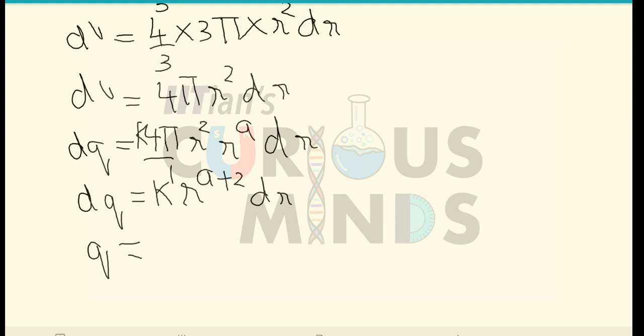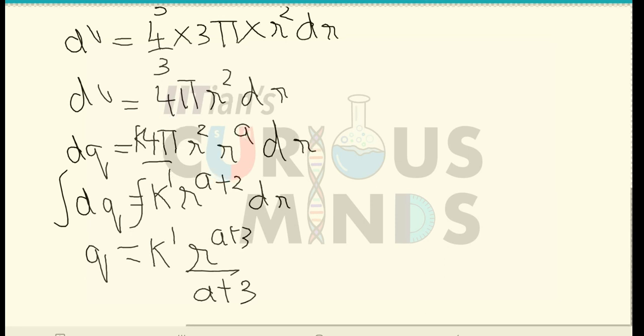I have to integrate on both sides. k dash will be constant, and the integral will be r raised to a plus 3 divided by a plus 3.